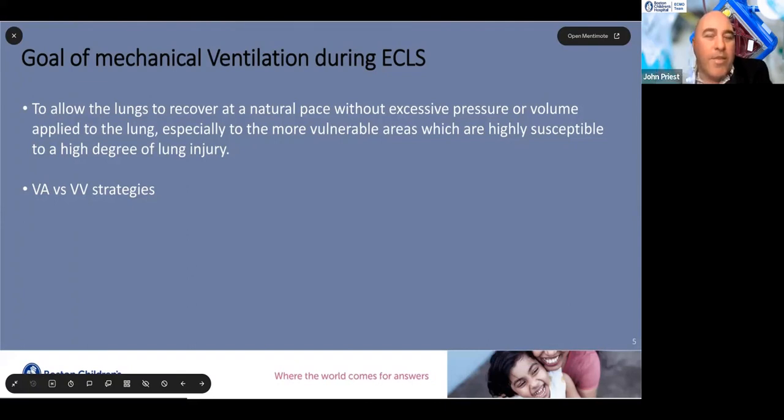So it's an even more important strategy in VV ECMO to not de-recruit what you currently have, with respect to high inspiratory pressure or high peak expiratory pressure, to maintain a safe range, to make sure you don't add to the current lung injury that's already occurred.